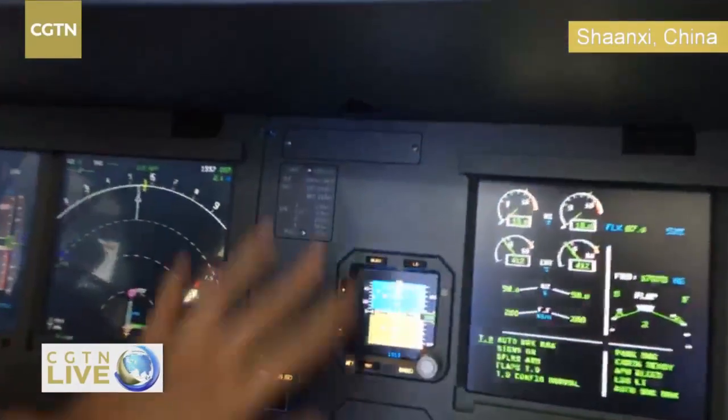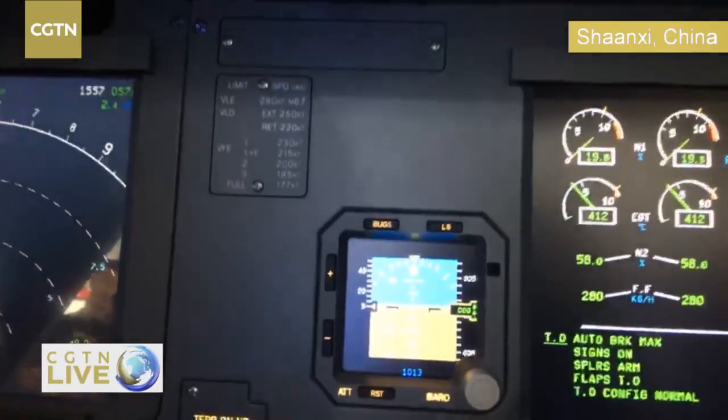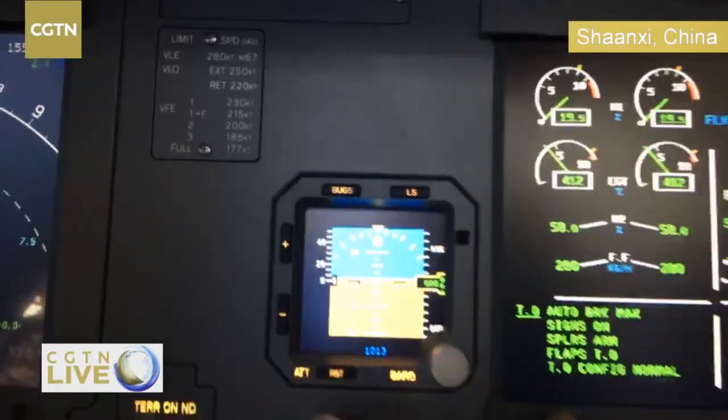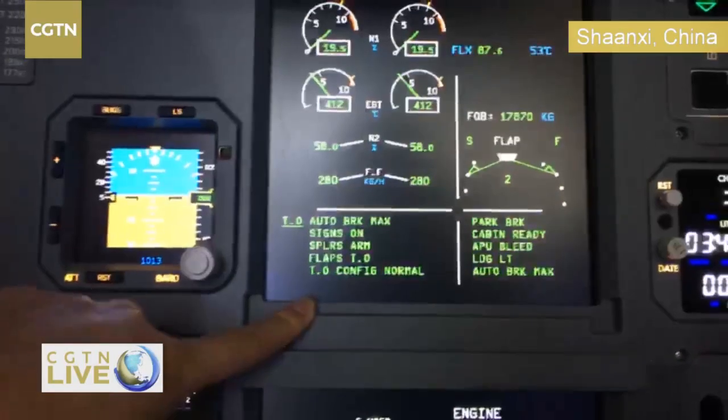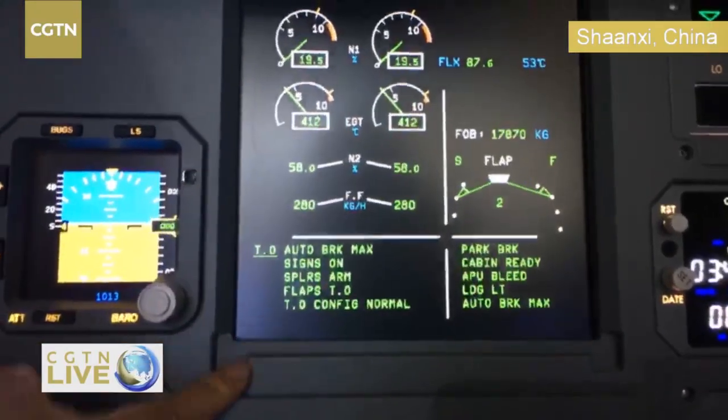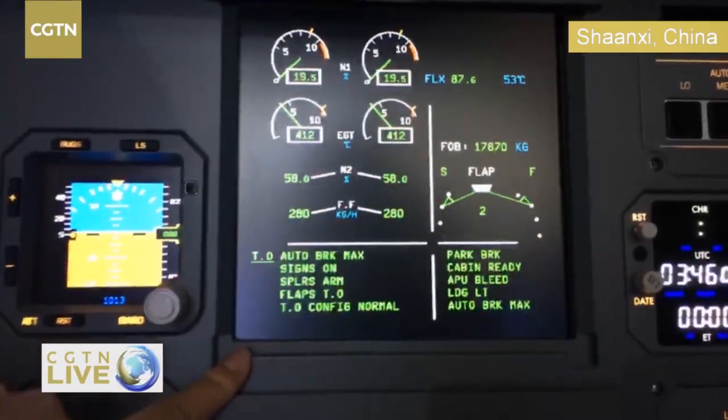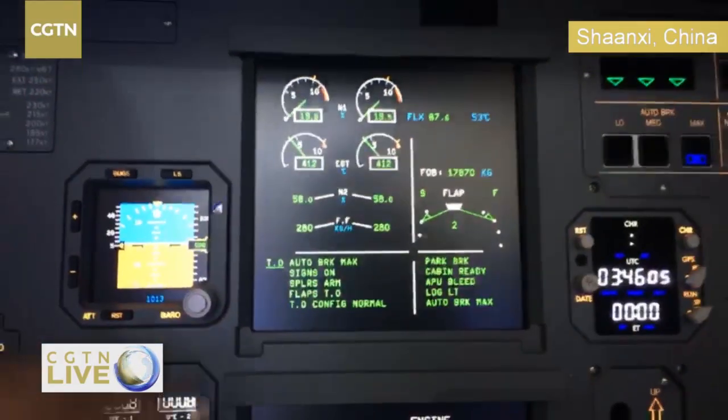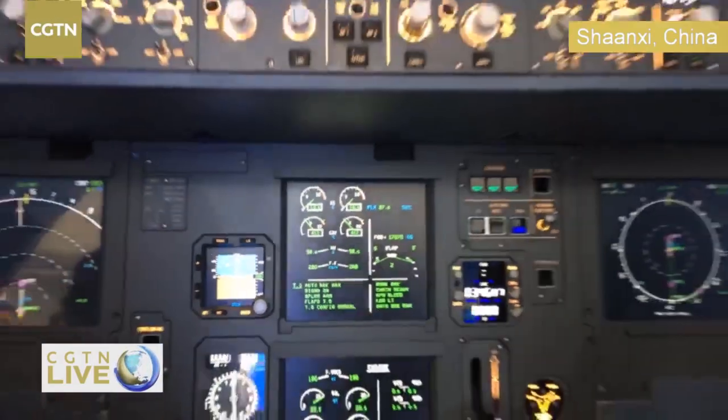Mr. Zhang said this screen is very important, and this section is actually a to-do list for the pilot to let him know what he should do next and to check before taking off. Okay, so how about this one?